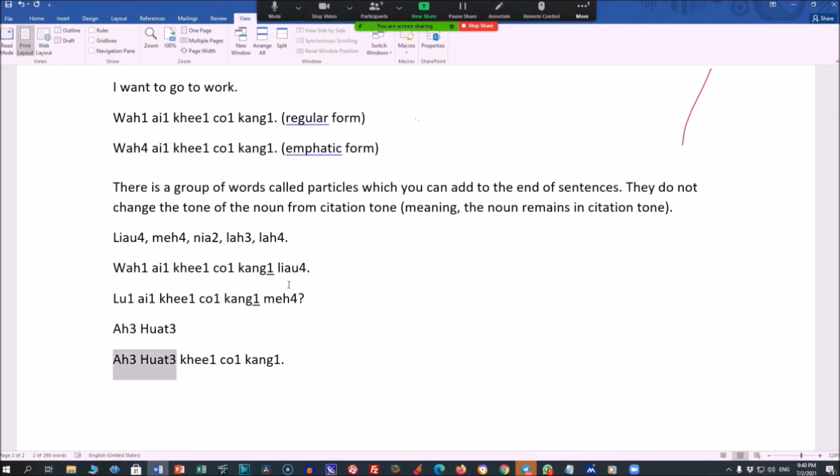So the word for all nouns will stay the same when you insert it into a sentence. Lao lang ki zhou gang. In this case, lao lang is the noun, and here is the subject of the sentence. So the 2 that you see here doesn't sandhi. So it remains tone 2 here.